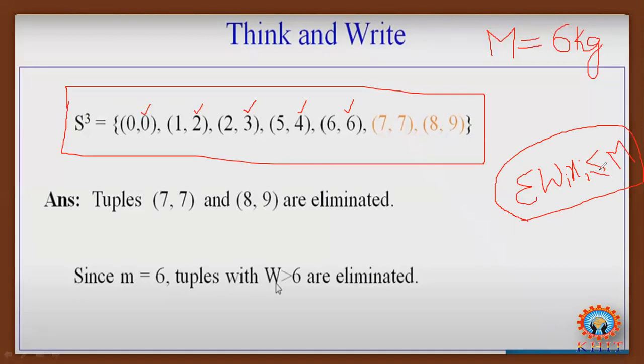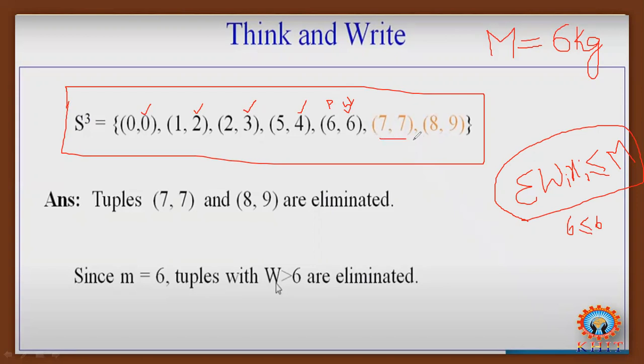It should be equal to or less than the capacity, not more than. So here the capacity 6 is P and another 6 is W. The weight is 6, less than or equal to 6. The condition is satisfied, no issue.